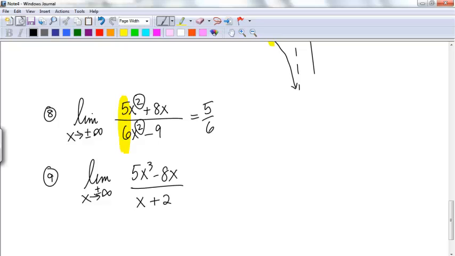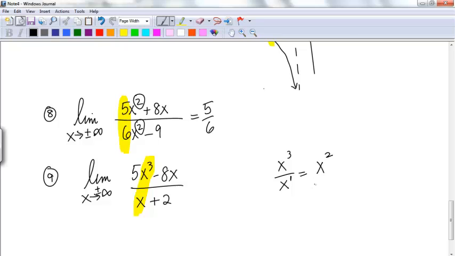It's one or the other. Here's what I do. I pull out just the x cubed over x and go back to what you did in Algebra 2. If you reduce that, what are you going to get? X squared.